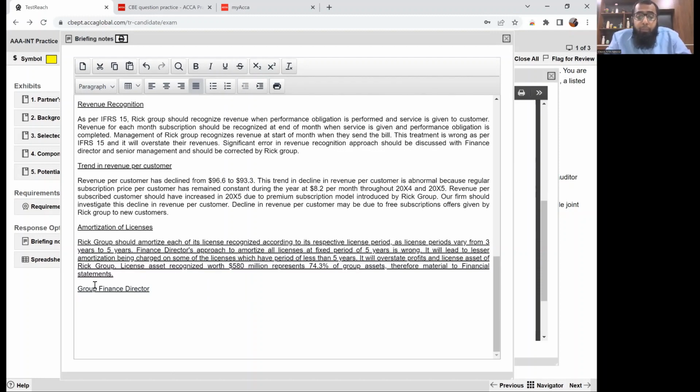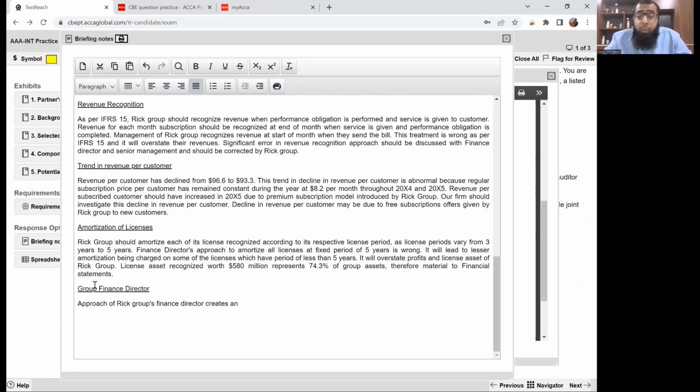Approach of group finance director of Rig Group creates an audit risk for our firm, because finance director has been imposing limitation on audit work, and has also been advocating wrong accounting treatment.